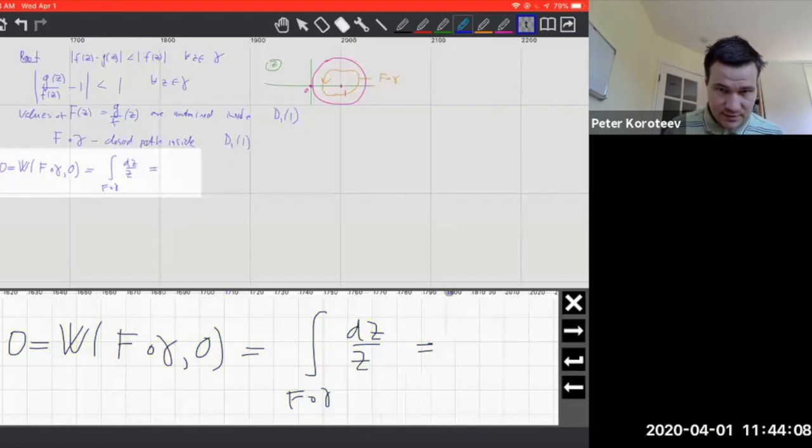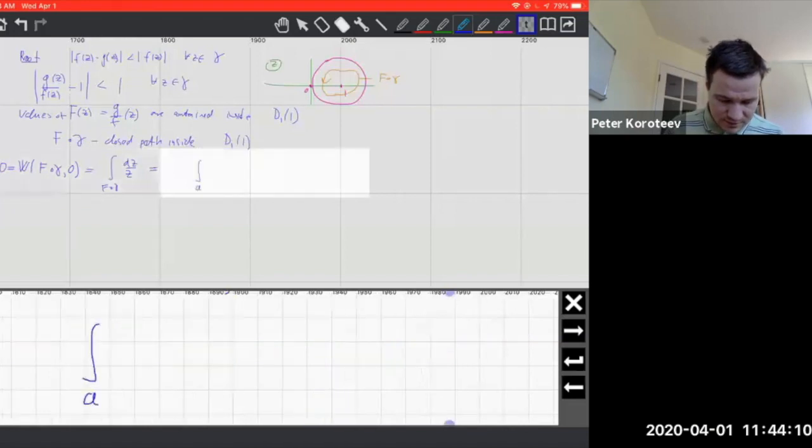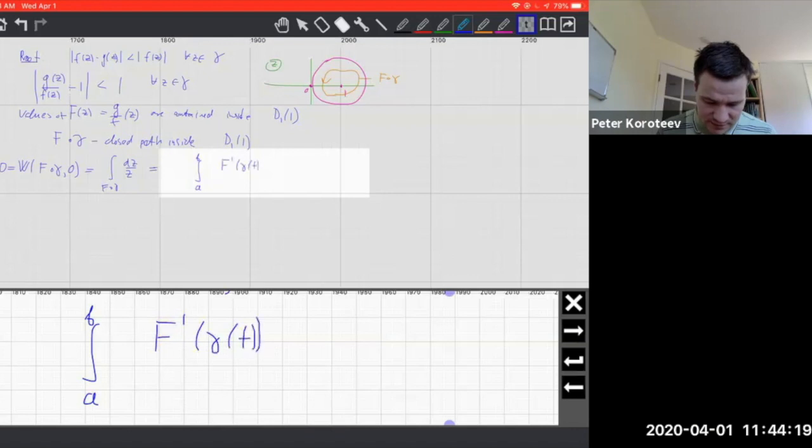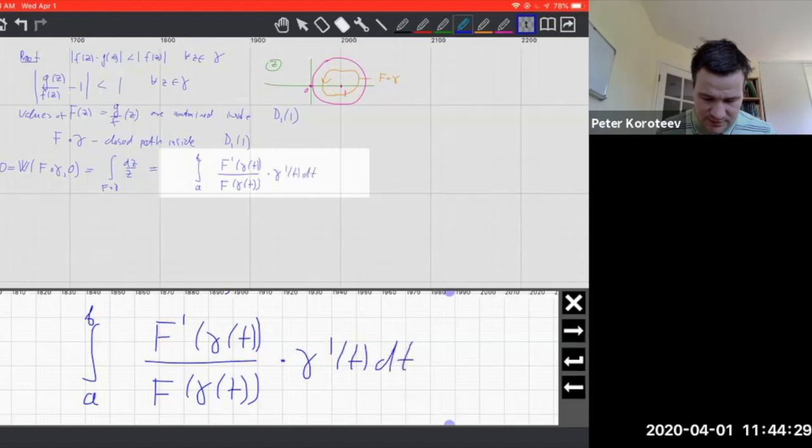Now we're using the definition of the integral. So we'll get the integral from some a to b, where this is just the parameterization of the curve gamma, of F prime of gamma(t) divided by F of gamma(t) times the derivative gamma prime of t dt. Remember gamma can be some piecewise smooth path in that set.